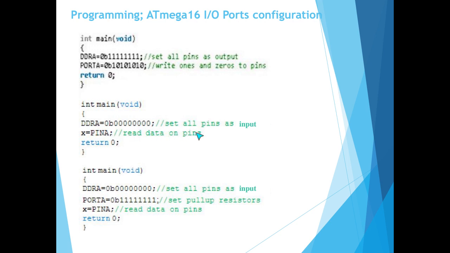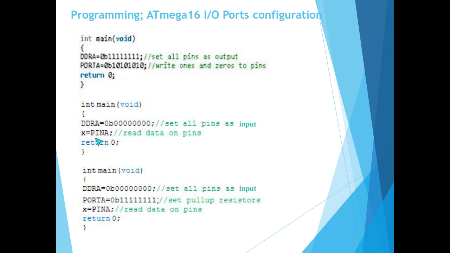Read data on pins. If we want to read data on the pins of port A, we should configure all the pins, or the pins whose data we want to read, as input.